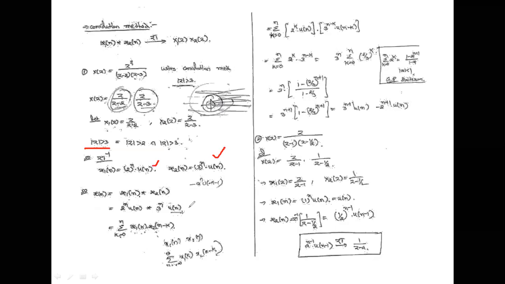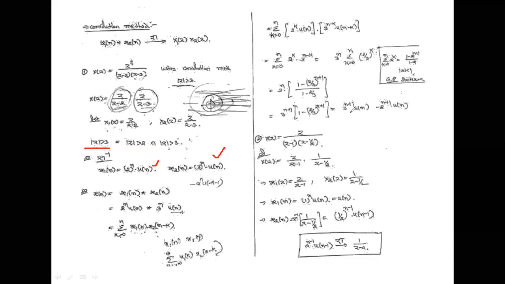Find it using the formula: 2 power n mu of n convolved with 3 power n mu of n. What is the formula here? Sum of k equal to 0 to n. Actually it is minus infinity to infinity. Why am I taking 0 to n? Because it is multiplied with mu of n.